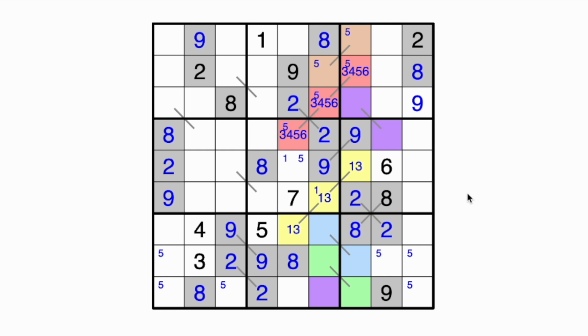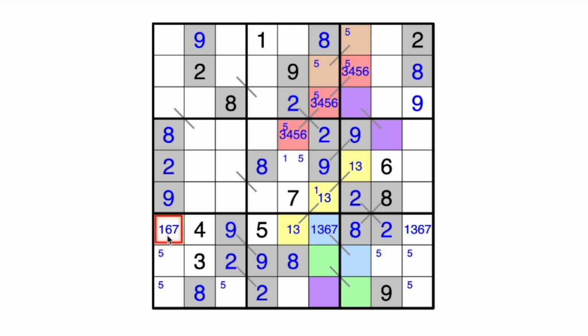We could do... Oh, boy. Let's see, what's in this row left? 1, 3, 6, 7. I guess I'm at the point where I'm going to pencil mark cases where there are only 4 or fewer. 3 is really the sweet spot, but I'm going to take 4. So what can we say about that?